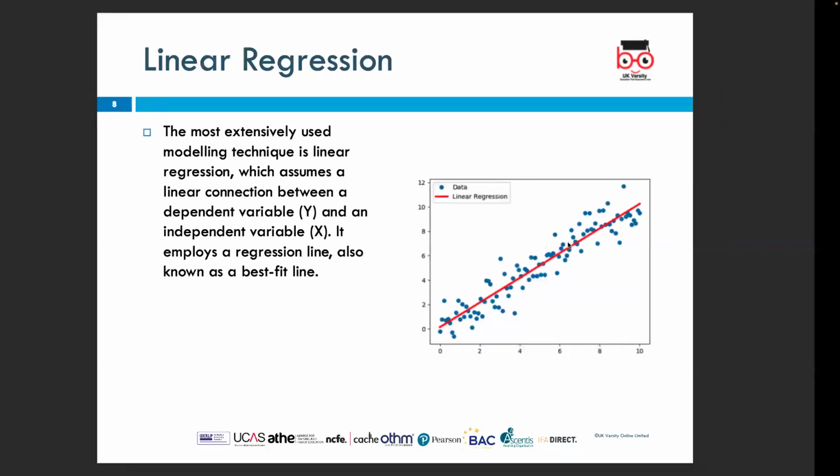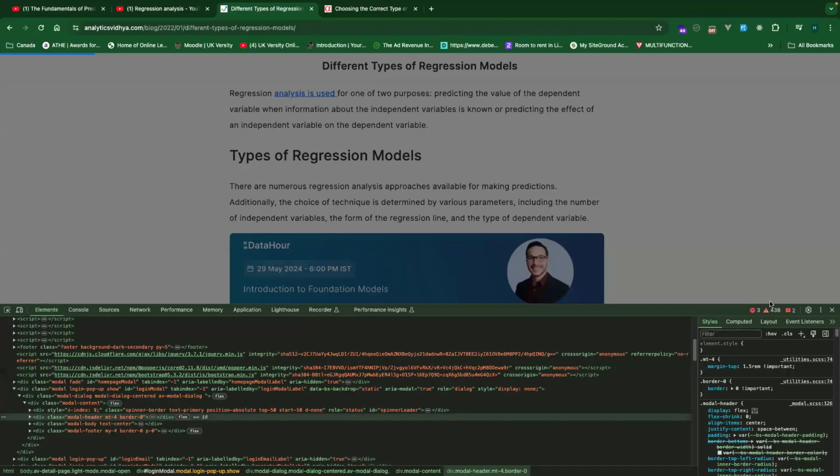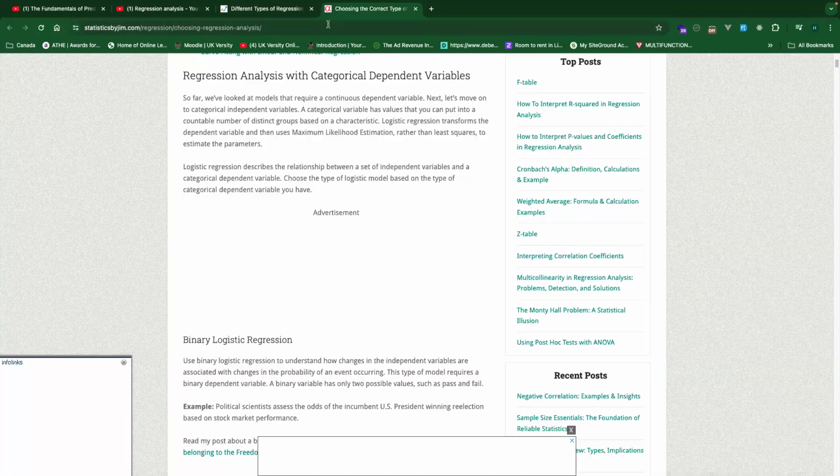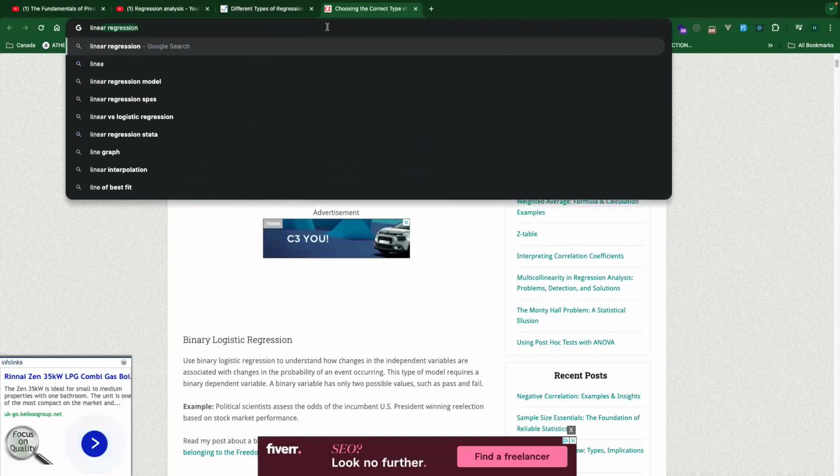For more details, you can find a way to log in to this website and read more about it.